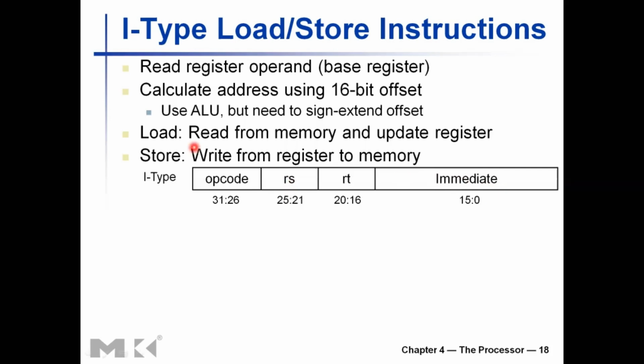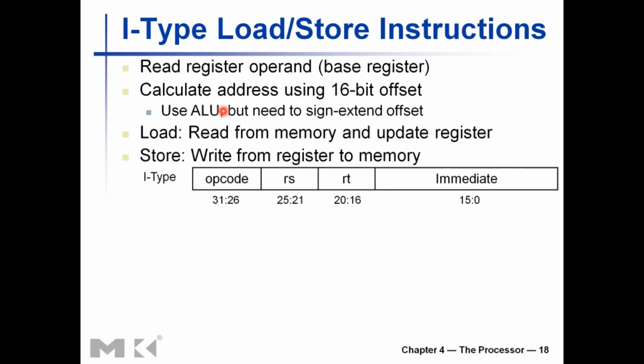So in load word and store word instructions, the ALU is used to compute the address, that is adding the immediate offset to the base address value. So that addition is done by the ALU.